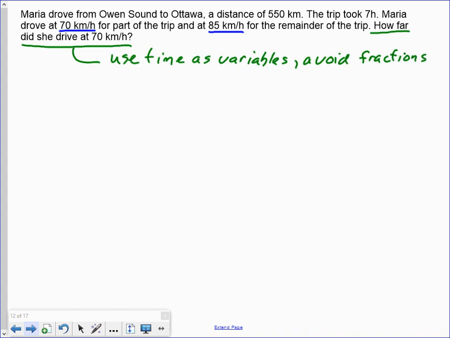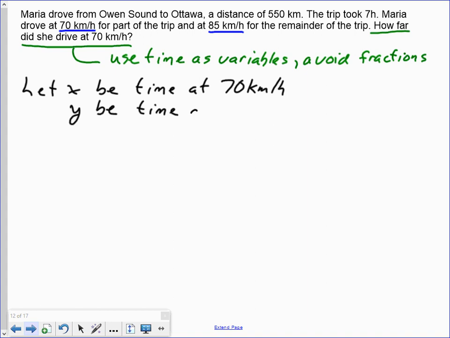So again, let's pick a variable here for the time. We'll say let x be the time at 70 kilometers per hour. And let y be the time at 85 kilometers per hour, because those are the two parts of the trip that we've got divided up here.